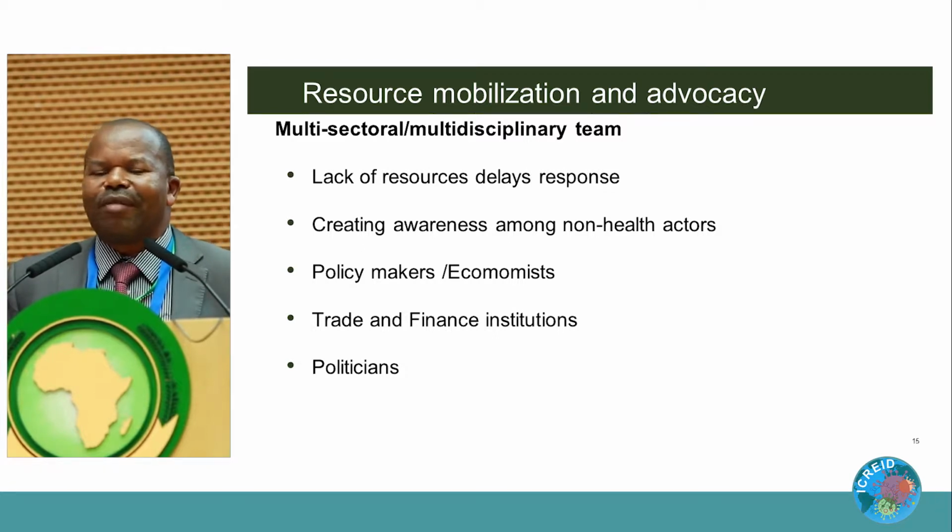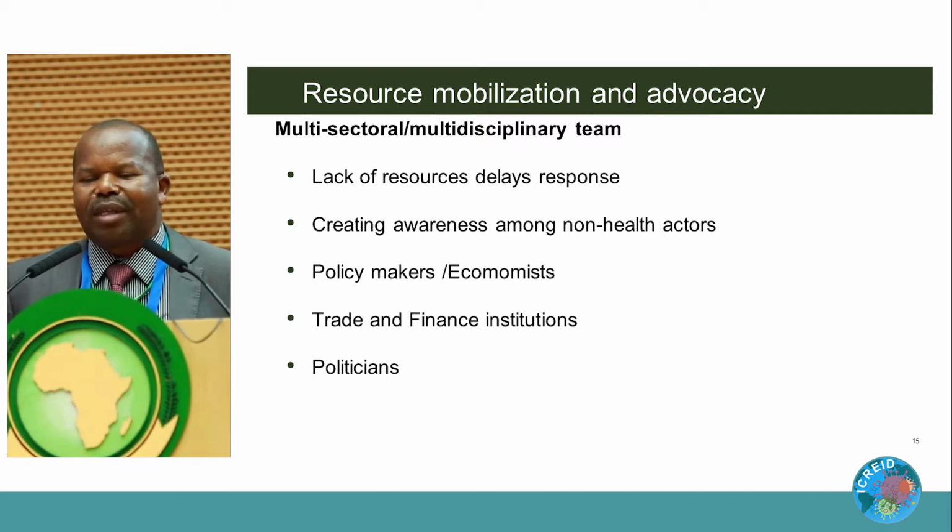emphasize better than what they have done, that resource mobilization and advocacy are key. Of course, using a language that economists understand, because this is another problem we have. We think that by just saying so many people have died, or if they don't care, your people will die, it doesn't really work that way. I want to agree with the previous speakers.